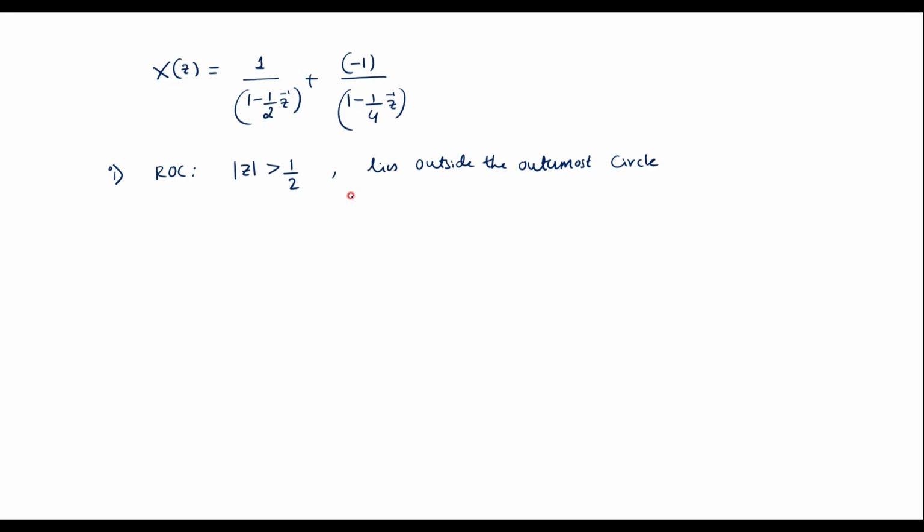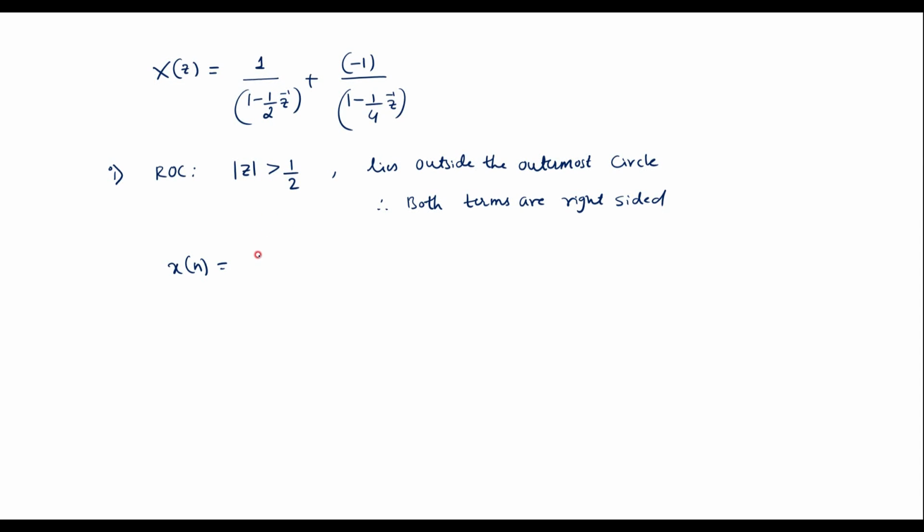Therefore both the terms are right sided. So we can write x of n by taking the inverse z transform.